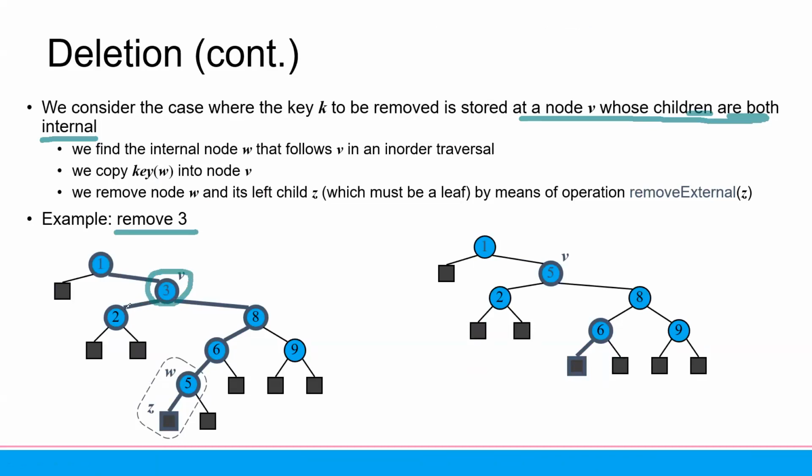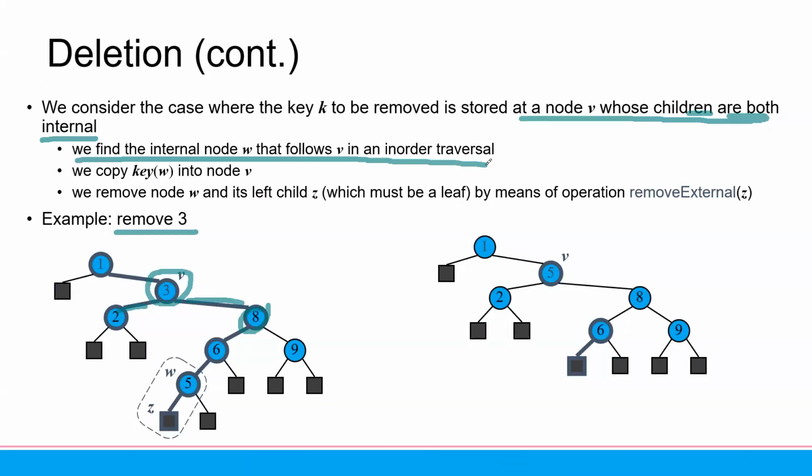We have 2, which is a child internal node, and then I have 8, which is another child, and this is also an internal node. Then how can we remove this one? There is a way, there are steps to do this.